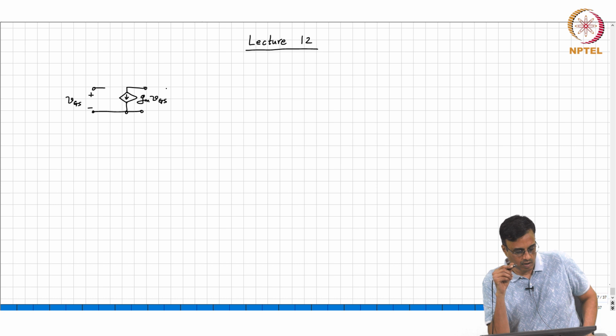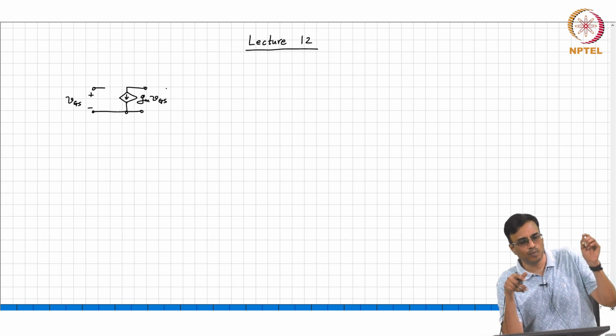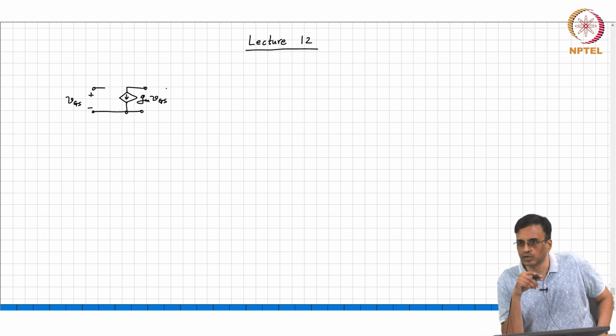A MOS transistor operating in saturation behaves like an incremental voltage controlled current source, where that transconductance, which relates the incremental drain current to the incremental gate source voltage, can be as large as possible, because in principle we can burn arbitrarily large amounts of current in the transistor and therefore get a large Gm.